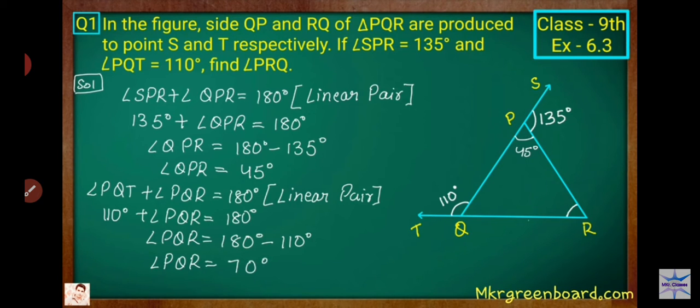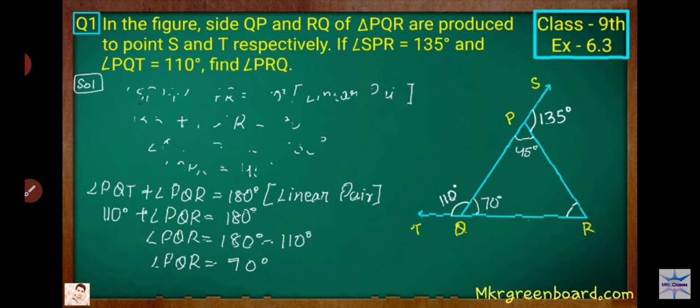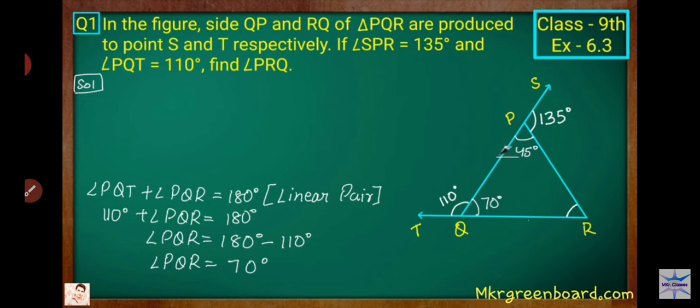Now the angle sum property of a triangle. If we know two angles, then we can find the third angle from the angle sum property of a triangle. The angle sum property of a triangle is angle 1 plus 2 plus 3 is equal to 180 degrees.